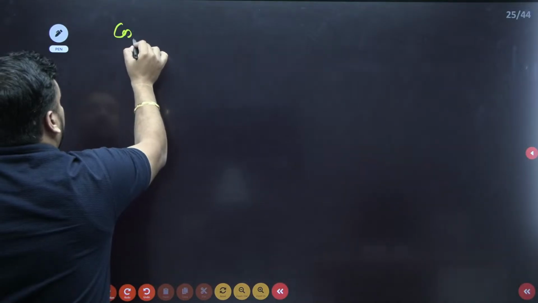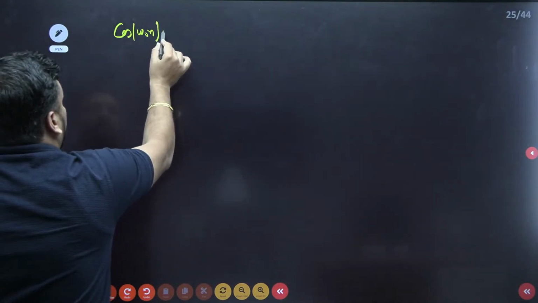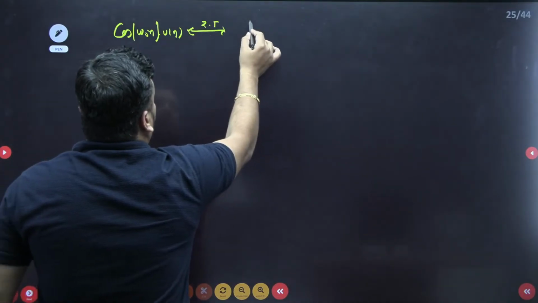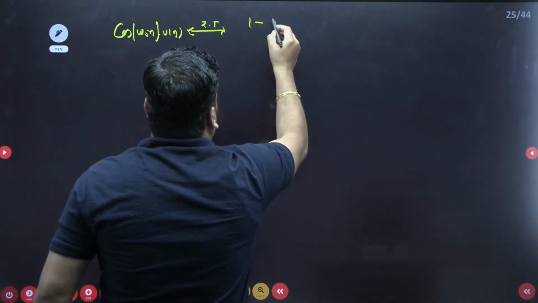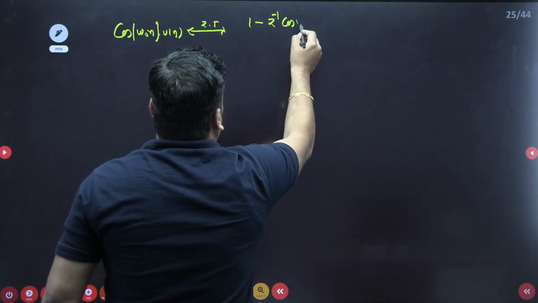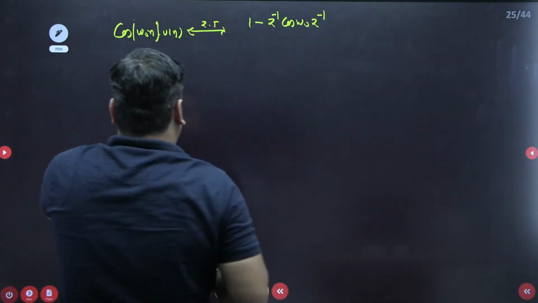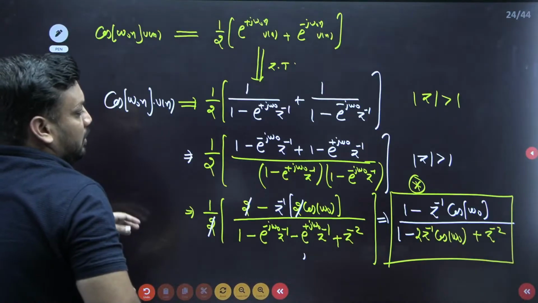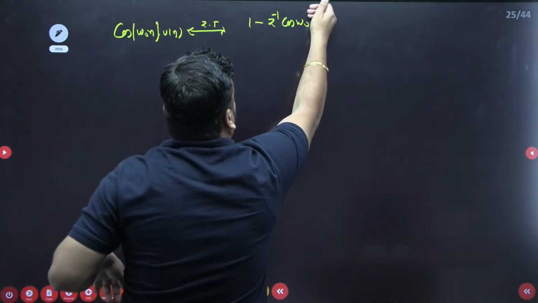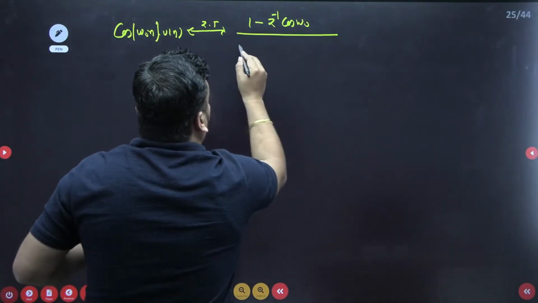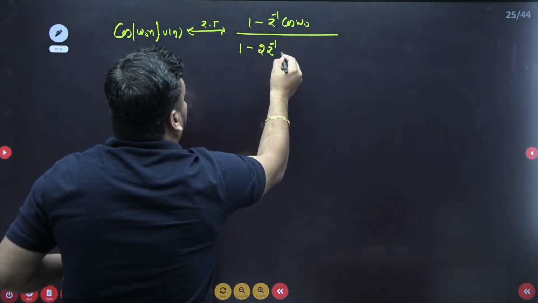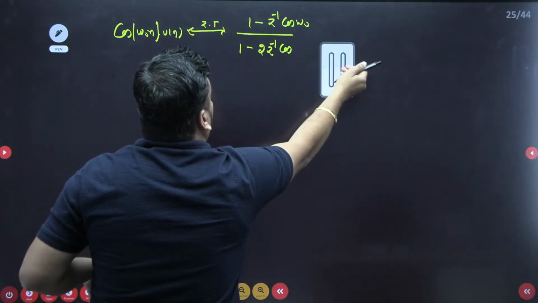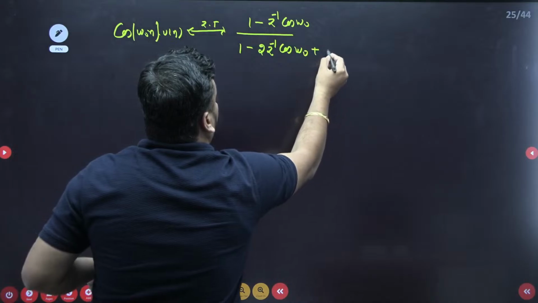So the result that you have to remember: the z transform of cos omega 0 n u[n] is nothing but 1 minus z inverse cos omega 0 upon 1 minus 2 z inverse cos omega 0 plus z to the power minus 2. Is it clear?